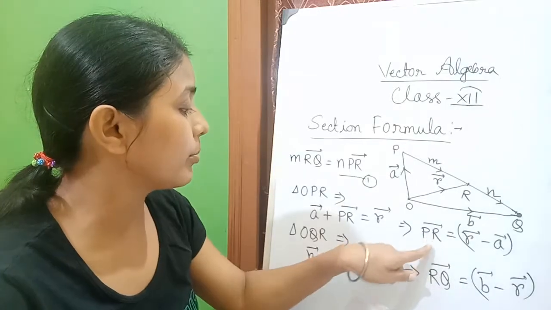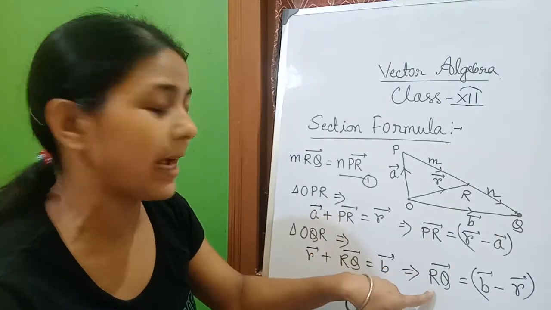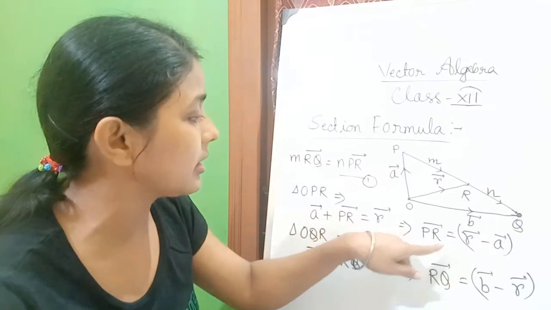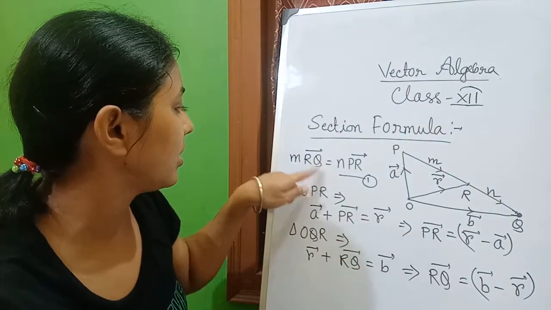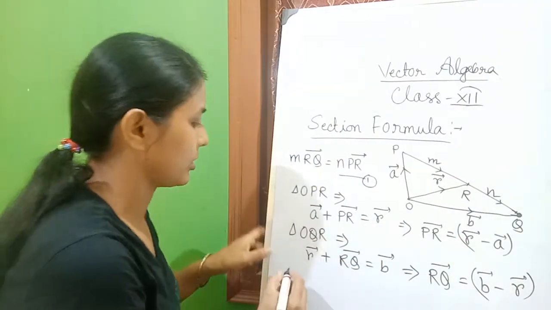So we have got both the values, of PR vector and RQ vector. Now we can replace these two values in the first equation.